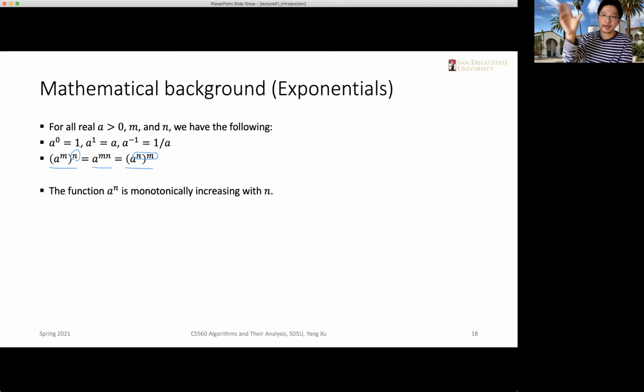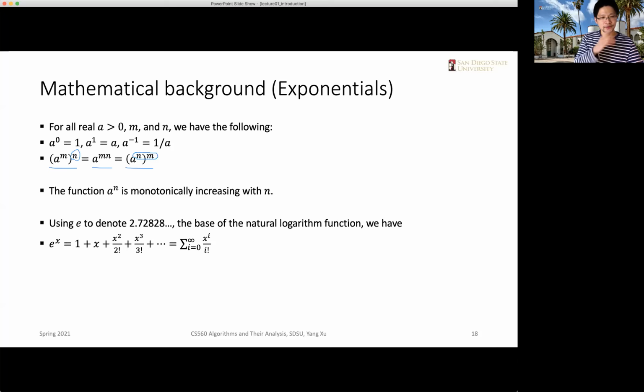Some increase faster, some increase slower. So if our goal is to pick a function that grows slower, then it'll be helpful if you plot those curves, how the functions increase with the input variable.